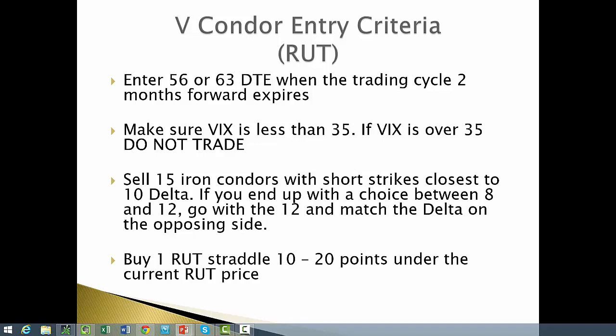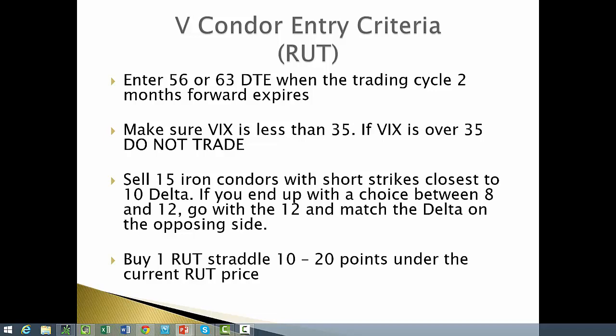As far as entry criteria, we want to enter the V Condor at 56 or 63 days to expiration. That's going to be essentially when the trading cycle 2 months forward expires. So if we're entering a March V Condor, we're going to do that when the January trade cycle expires. Sometimes that's 56 days, sometimes it's 63.